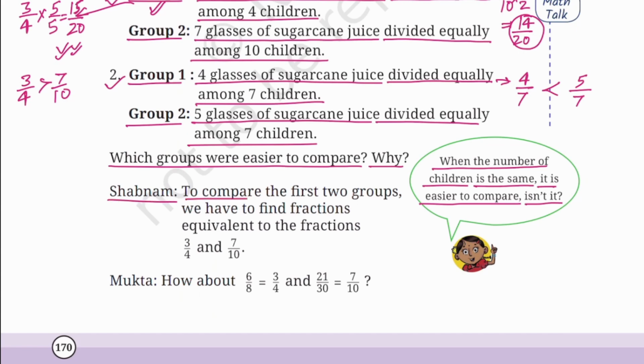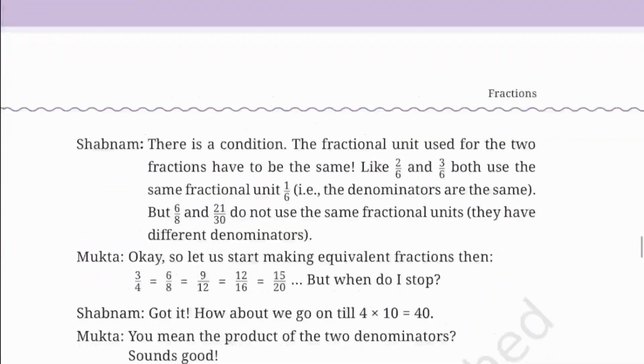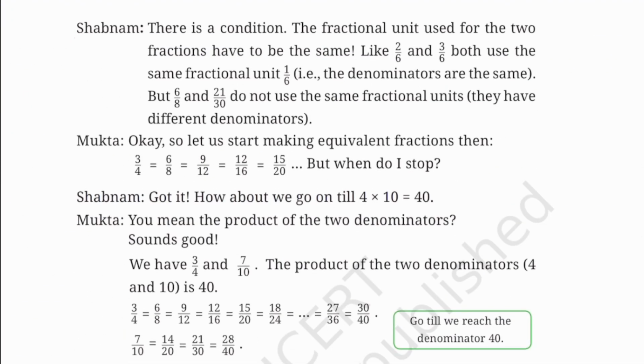Subnum: To compare the first two groups, we have to find fractions equivalent to the fractions 3 upon 4 and 7 upon 10. Mukta: How about 6 upon 8 equal to 3 upon 4 and 21 upon 30 equal to 7 upon 10? Subnum: There is a condition.